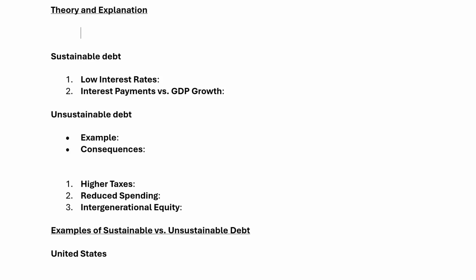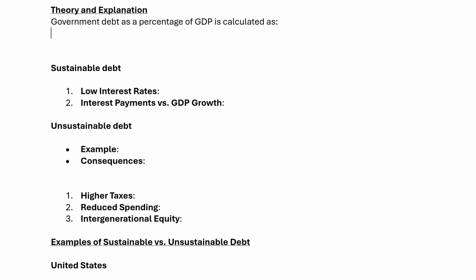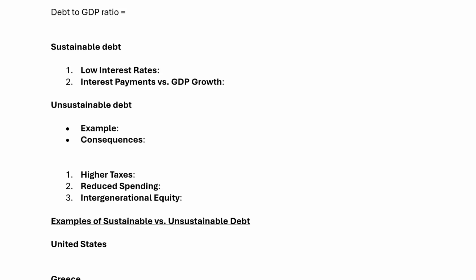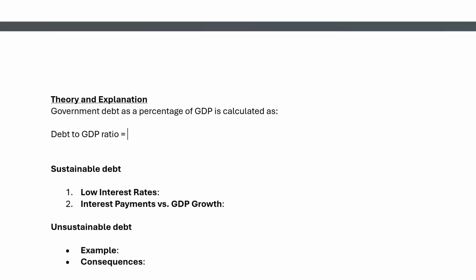So here I'm going to start by saying, we talk about government debt as a percentage of GDP. Government debt as a percentage of GDP is calculated as the debt to GDP ratio equals total government debt divided by gross domestic product.